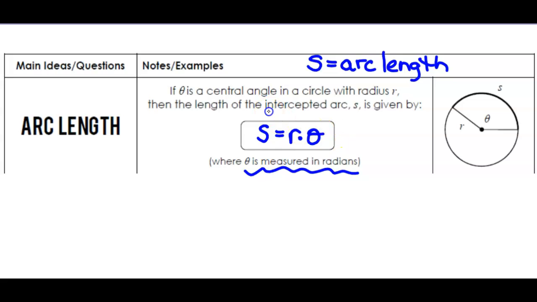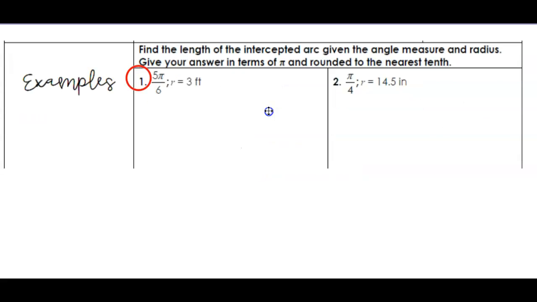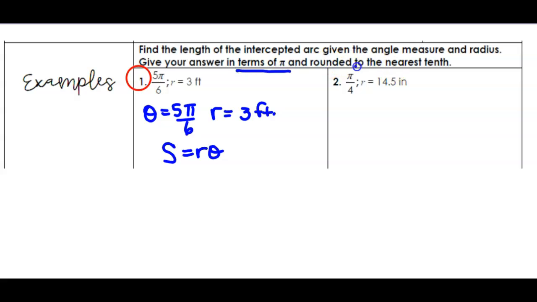So I'm going to do a grand total of 2 examples here. One where they give us the radians. So here theta is already in radians, and they give us a radius of 3. We are to measure the intercepted arc S, and it wants the answer in terms of pi and rounded to the nearest tenth.